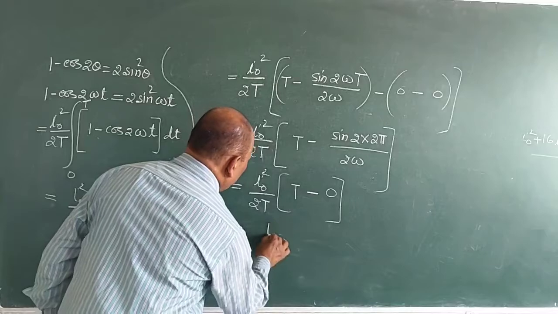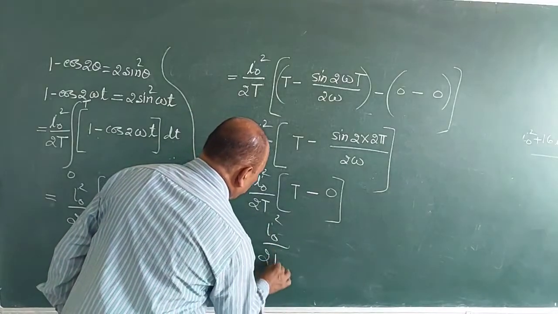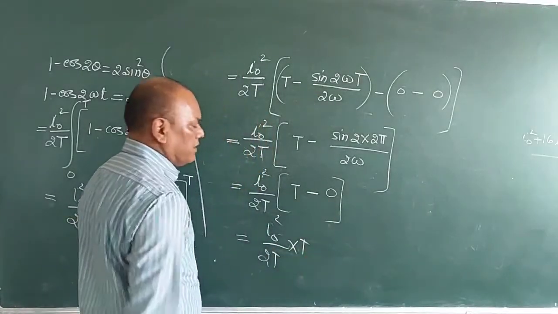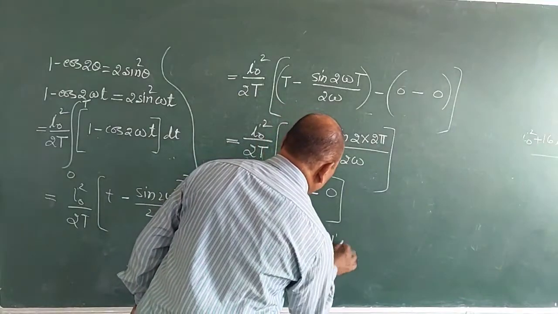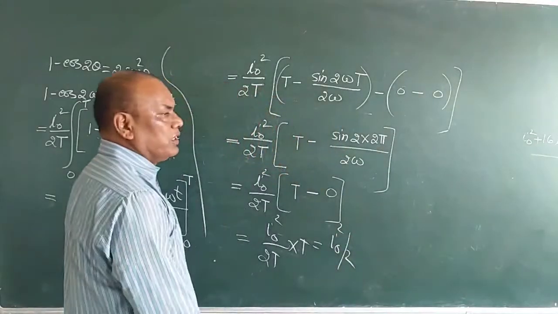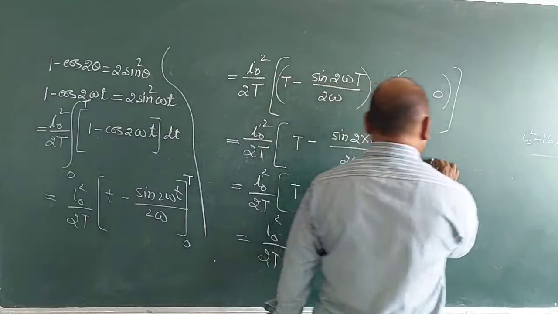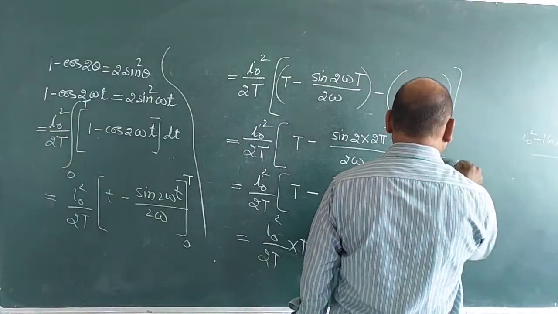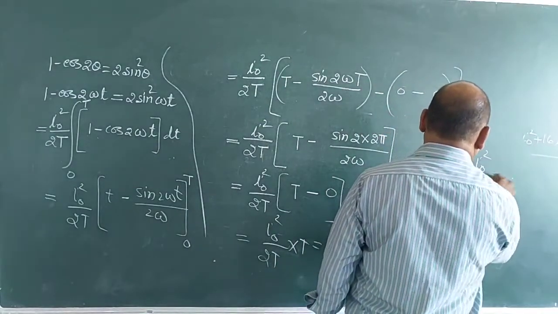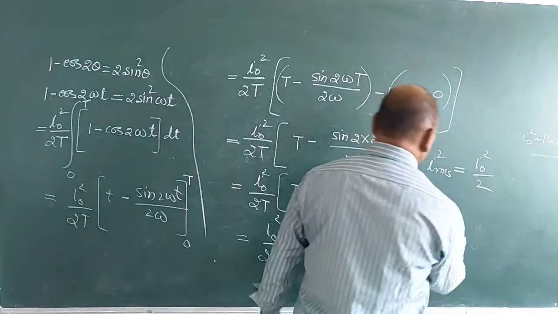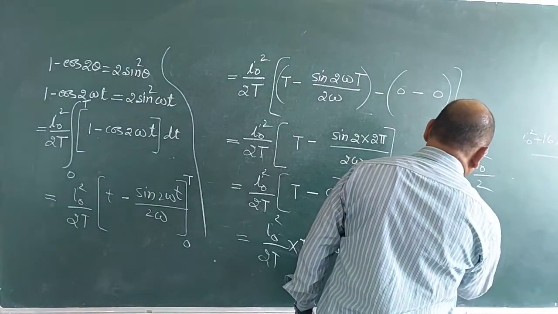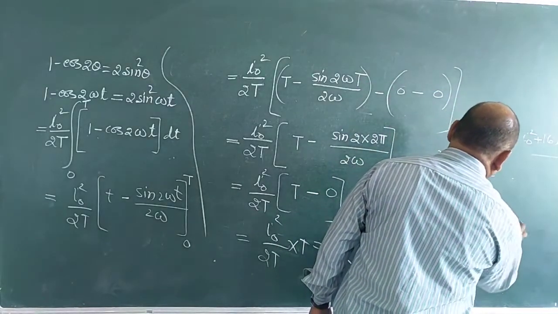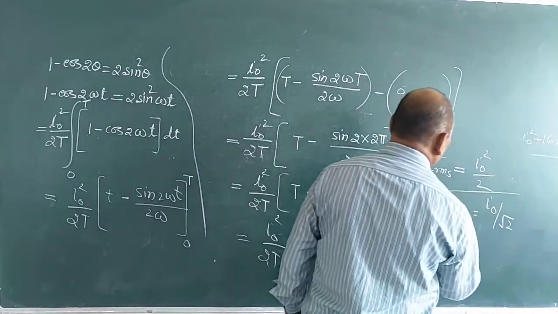So this will be I0 square by 2t into t. So this becomes I0 square by 2. Therefore, I RMS square is equal to I0 square upon 2. So I RMS is equal to I0 upon root 2.